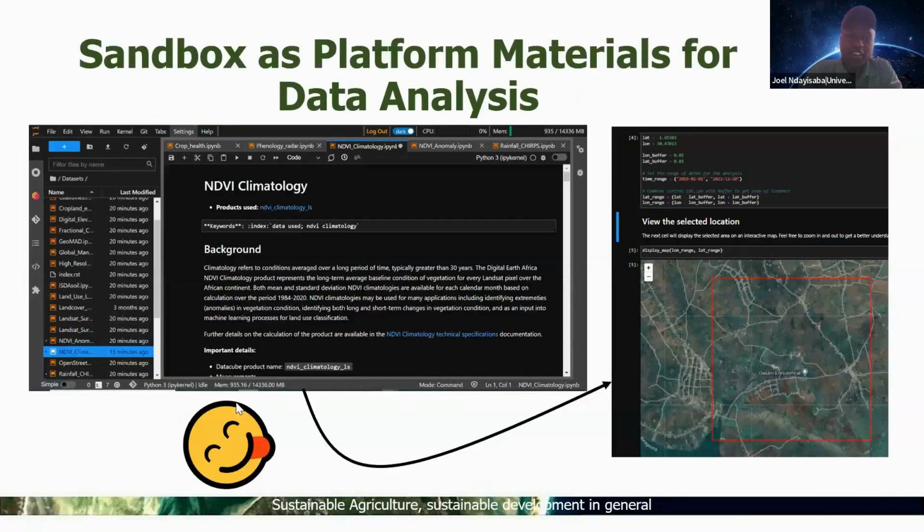Here we have a Sandbox interface, where to get in you need to have a personal account, which helps you to store and manage your previous information. For my target, I've started with crop health, as you see here on my screen.